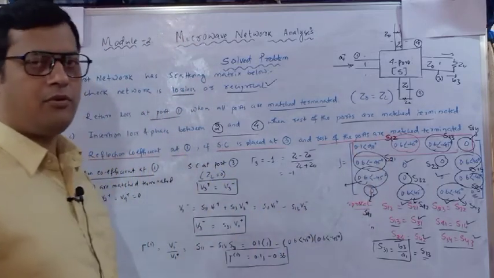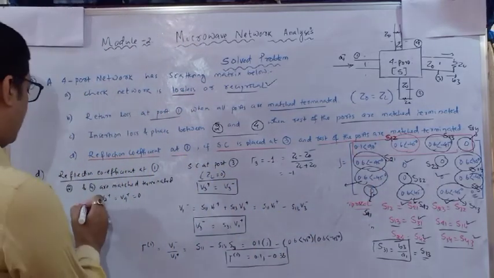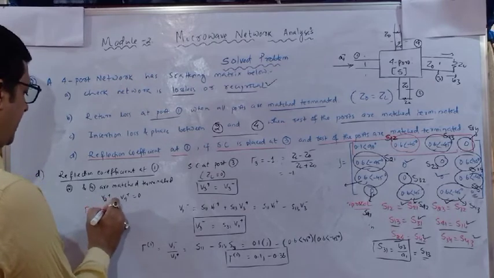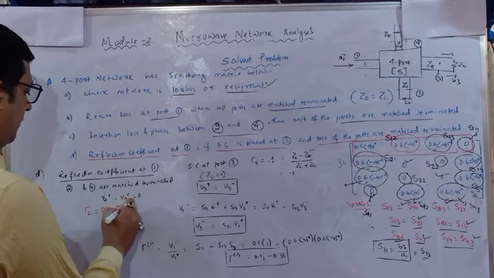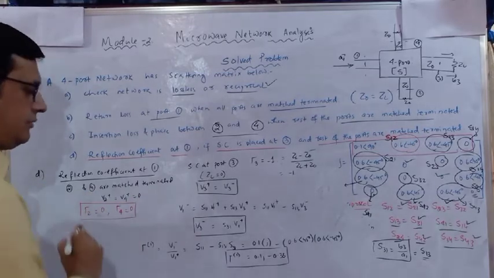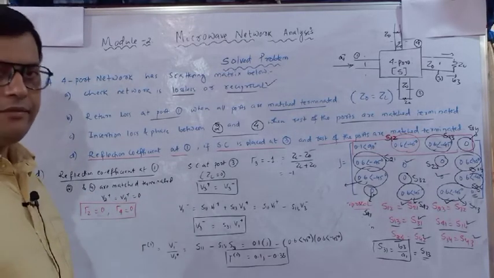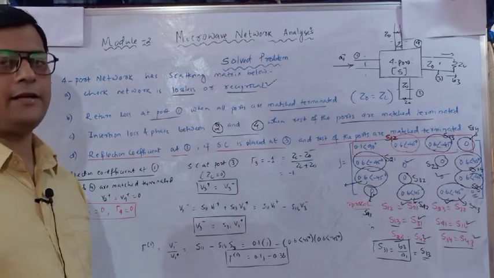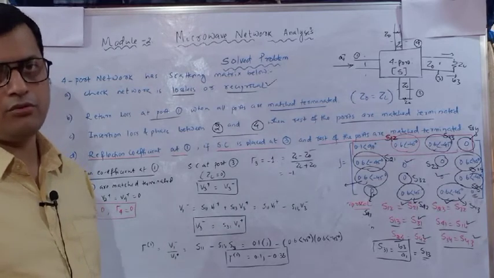So the rest of the ports are match terminated, which means your reflection coefficient at port 2 is 0 and reflection coefficient at port 4 is 0, match termination. Done? Next, if reflection coefficient is 0, that means no incident power at port 2 and port 4.